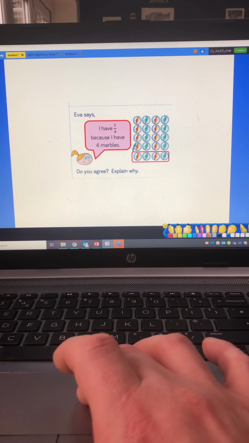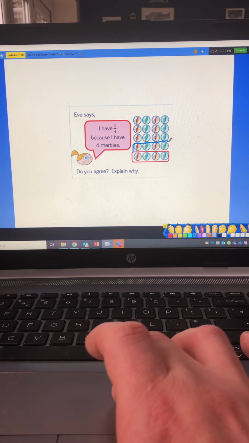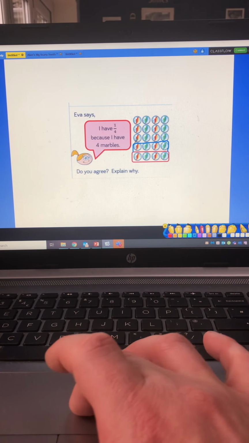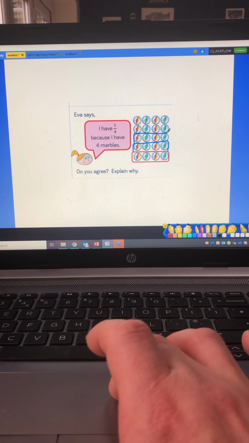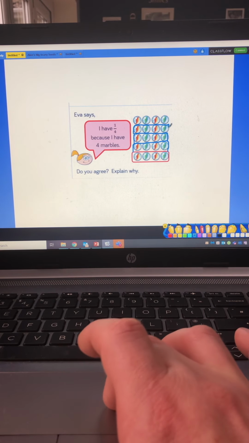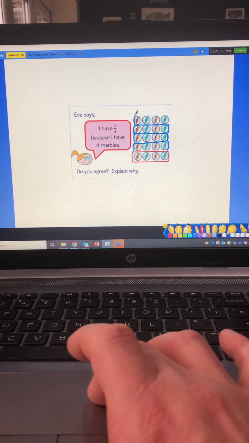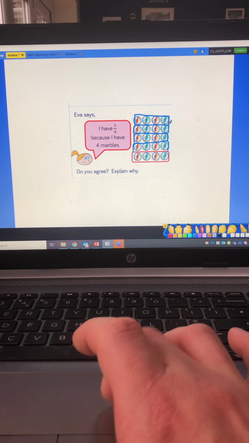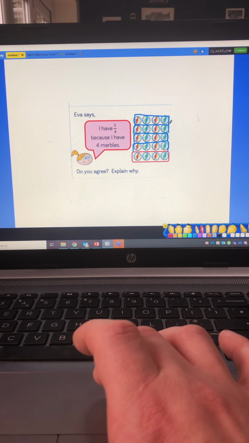If we were to draw boxes of 4, as Whitney has done, do we have 4 boxes, or do we have a different amount of boxes? When we finish drawing our lines, we can clearly see that there are 5 boxes in total, so Eva actually has 1/5, or 1 piece of the 5 equal pieces that there are, and not 1/4.